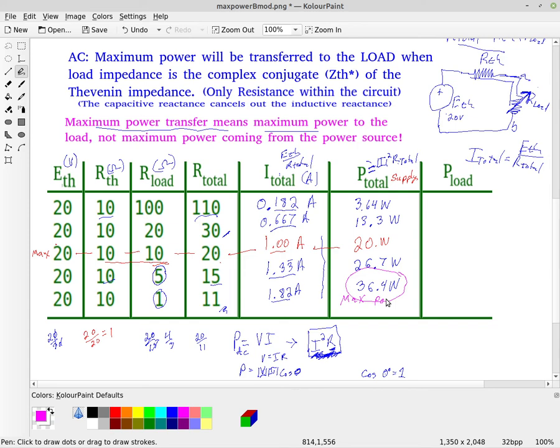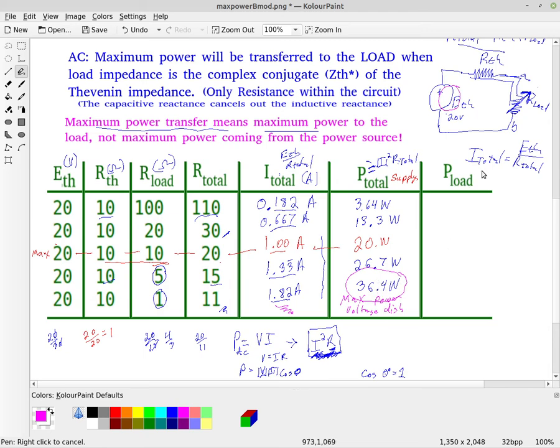This is the maximum power that the voltage source has to dish out. When our current is at the highest, that means our voltage source has got to be dishing out a lot of power. But that's not maximum power transferred.